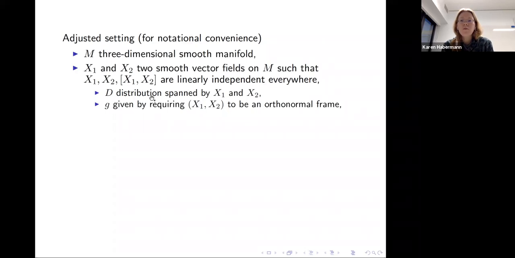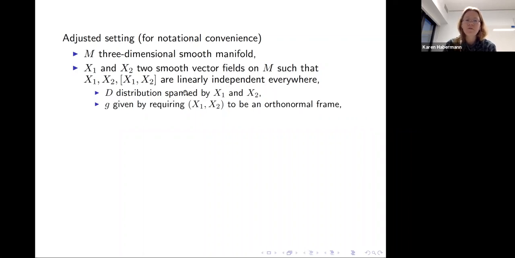One thing I want to stress: you may notice that we now implicitly assume that our contact distribution is trivializable, because we have those global vector fields X1 and X2. But because throughout we are only concerned with local behaviors, that's not going to be an issue. It's not restricting the classes we can look at significantly.